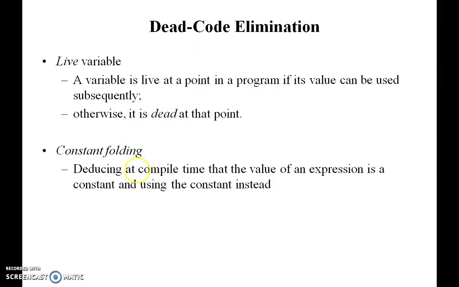Then one more factor is called constant folding. That is, we have to use some values, for example pi. Pi means 3.14 or 22 by 7. So instead of using pi, we may directly use the particular constant value 3.14. This kind of optimization can also be done inside the compiler during code optimization.